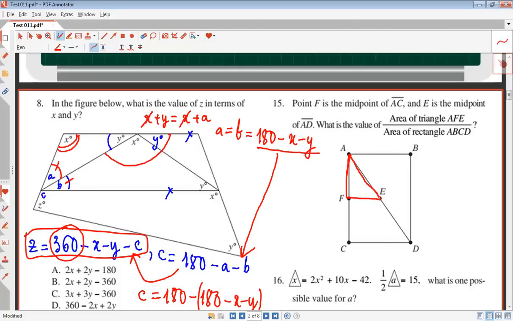We can split the rectangle like this. We can see that the rectangle ABCD is split into 4 smaller rectangles.